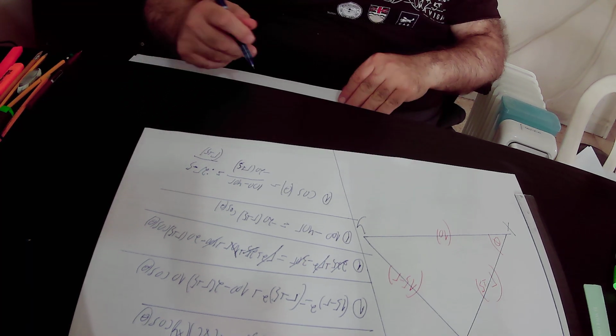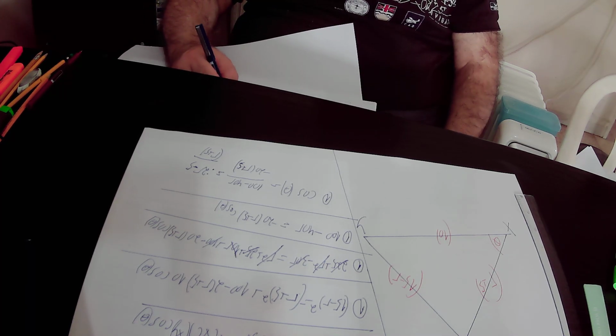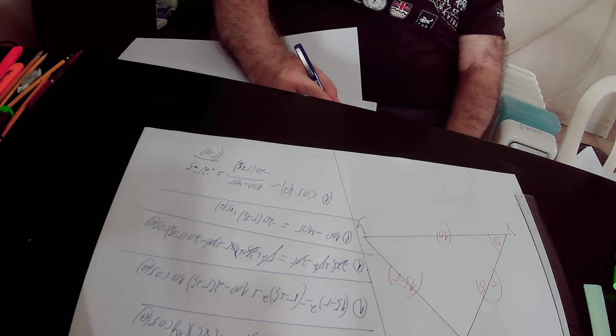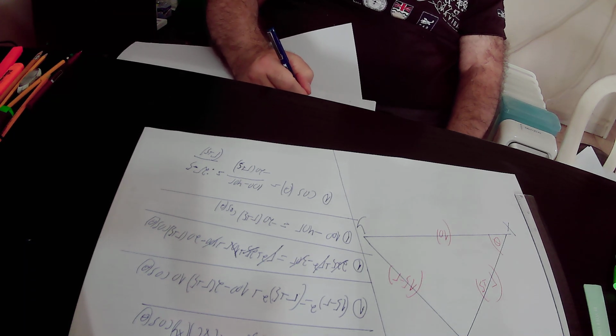So in conclusion, according to equation number 1, cosine theta is equal to 2r minus 5 over r plus 5.